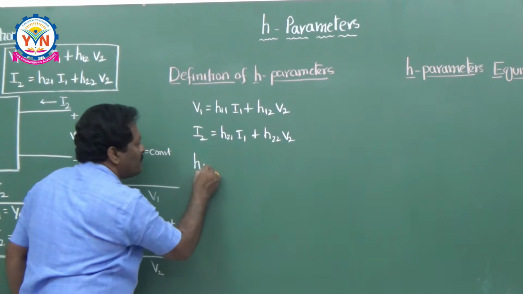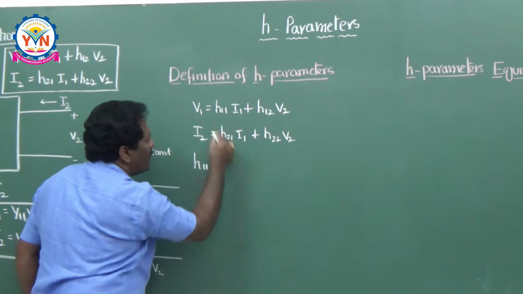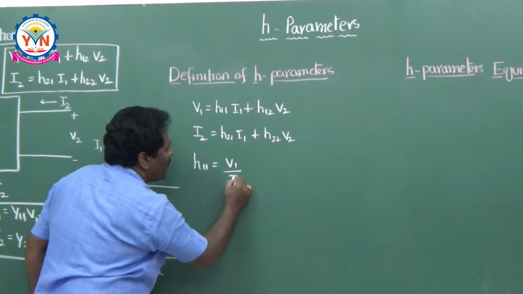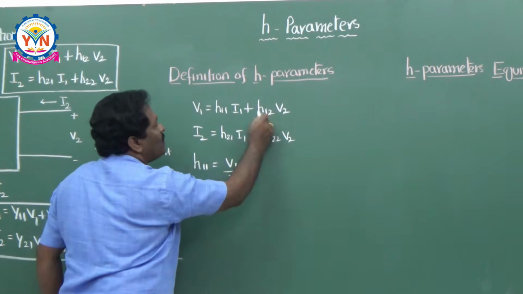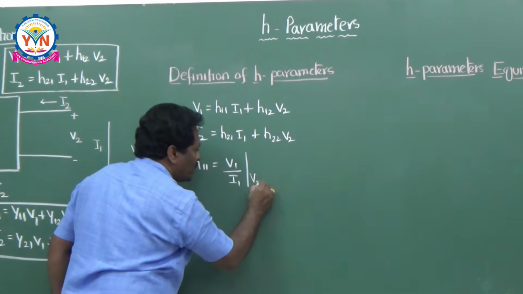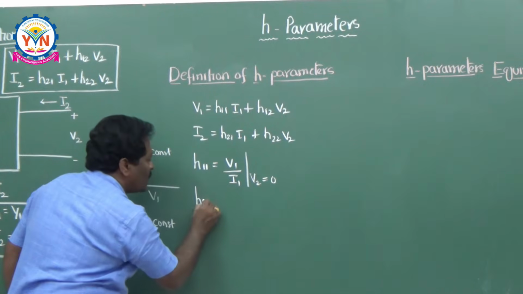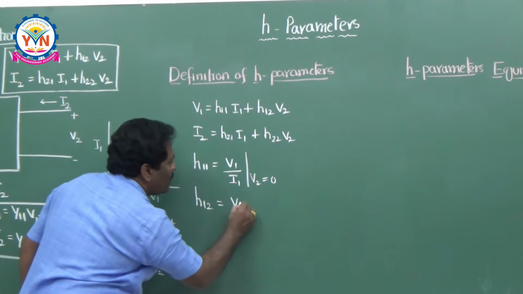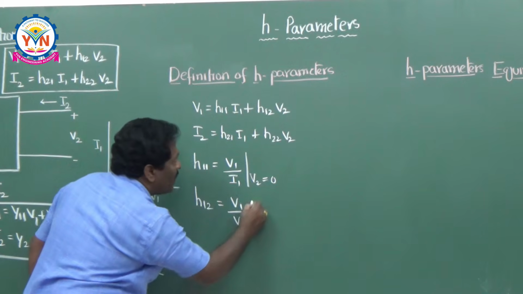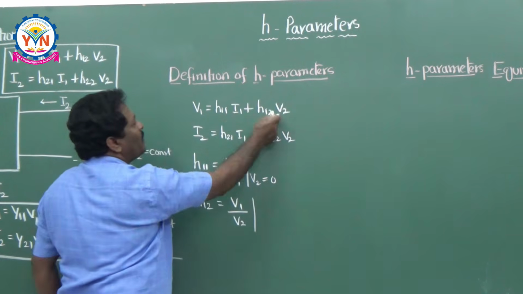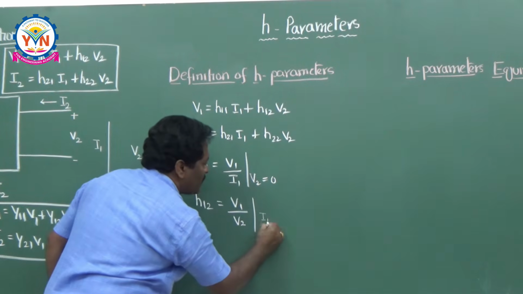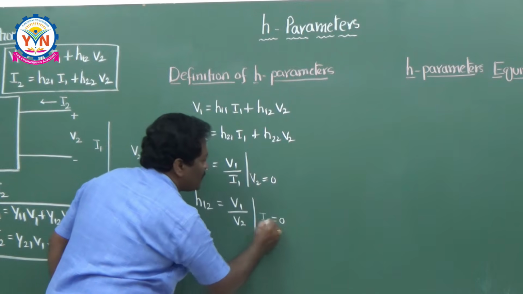H11 is equal to V1 by I1 when the other term is equal to 0. That means V2 is equal to 0. H12 is equal to V1 by V2 when I1 is equal to 0.